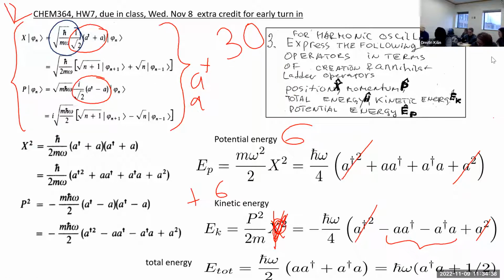Next one. For the harmonic oscillator, express the following operators in terms of creation and annihilation operators.